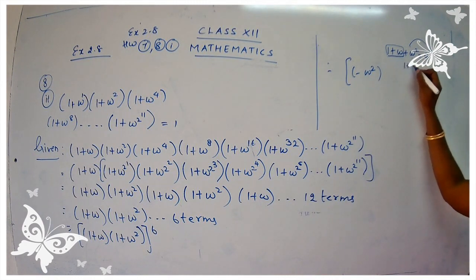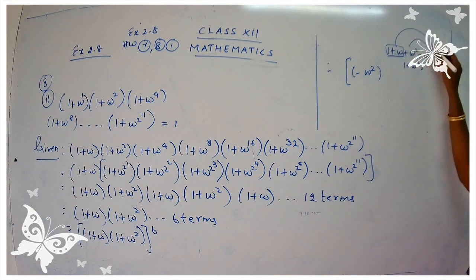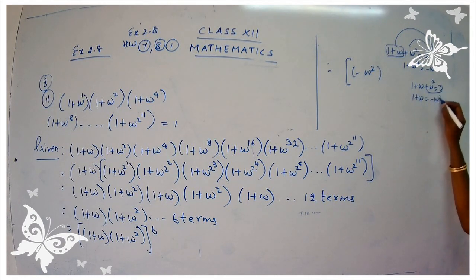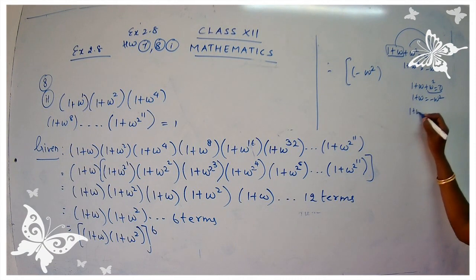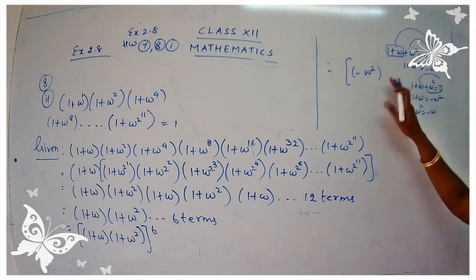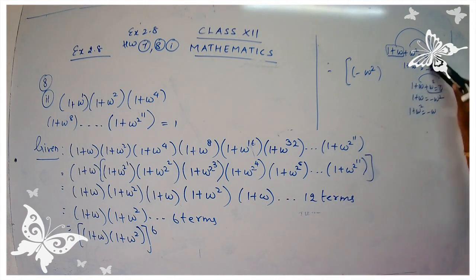The omega will come to this side, so I'll get minus omega. So 1 plus omega plus omega square is equal to 0. What is the value for 1 plus omega? This will come to this side, that is minus omega square. And for 1 plus omega square, I can take omega to the right hand side and I'll get minus omega. So put here, you can just show the working.